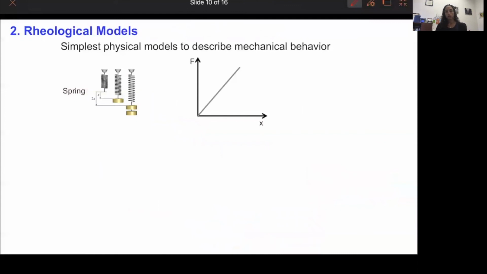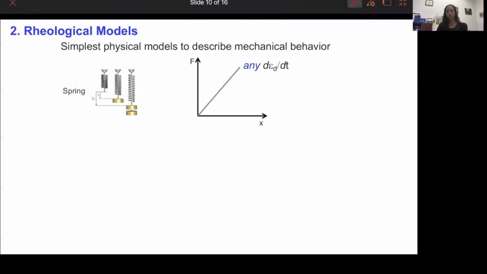So what we're talking about here when we're discussing our linear viscoelastic models are rheological models. These are the simplest models to describe the mechanical behavior, and they use mechanical components to describe the complex viscoelastic behavior. So the first part of this, the spring, we've already seen and dealt with in terms of the linear elastic component of it.